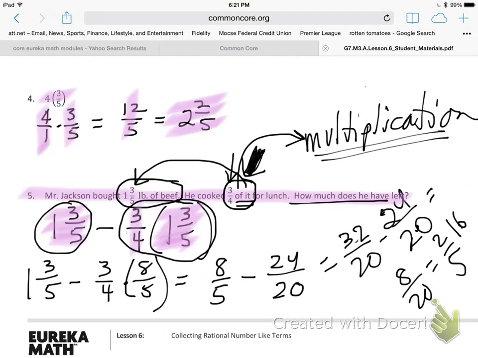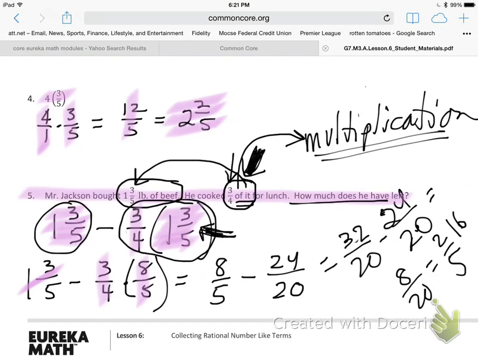And when I do that, of course I leave this the same. And now I have 3/4 times 8/5. What I've done is just turned this mixed number into an improper fraction. Then I am going to multiply that over.